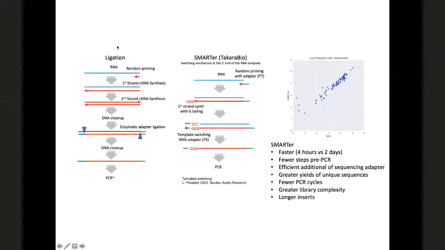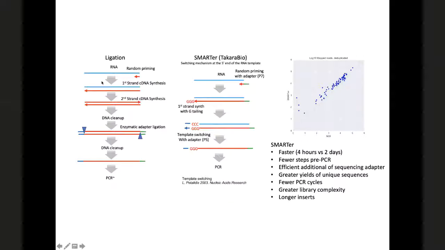I mentioned that we tried lots of methods to identify that SMARTer was the way forward, and so this is the switching mechanism at the 5' end of the RNA template. So you random prime your RNA to generate your first strand of cDNA, and then there's a fancy template switching process here that, within the same reaction, adds an adapter to this end of the molecule that allows you to generate your second strand going straight into the PCR.